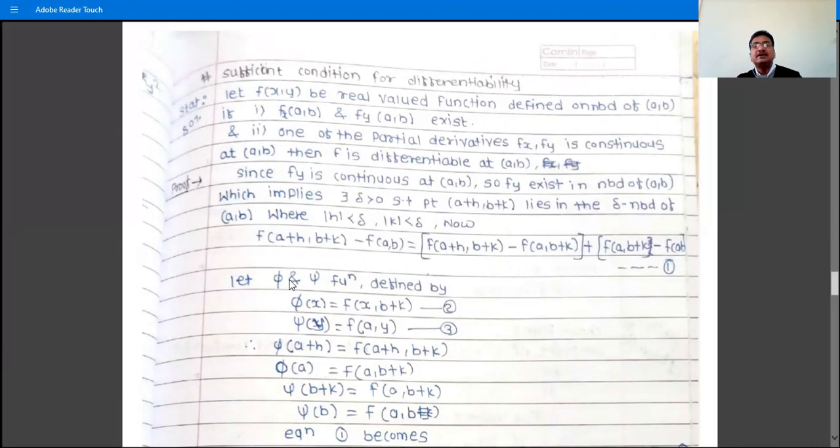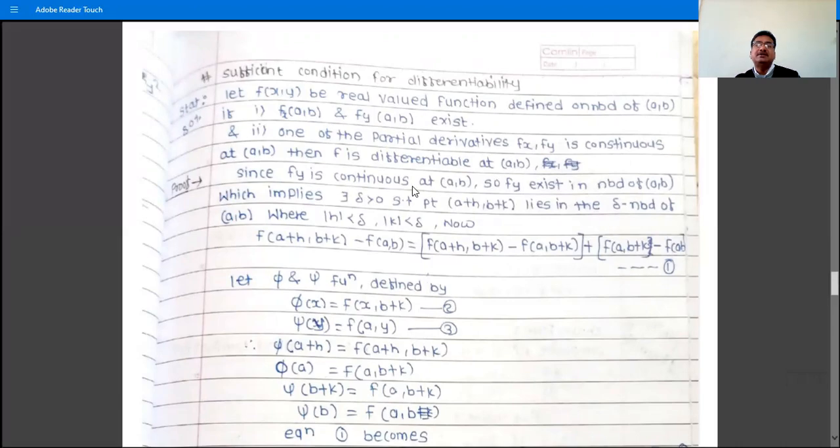But the converse of the necessary condition, that if the function is continuous at (a, b) then the function is differentiable at (a, b), is not true. If fx(a, b) and fy(a, b) both exist and one of them is continuous at (a, b), then the function is differentiable at (a, b).